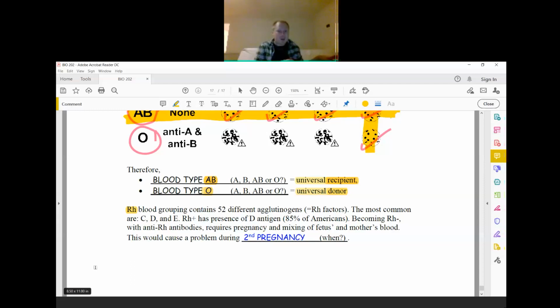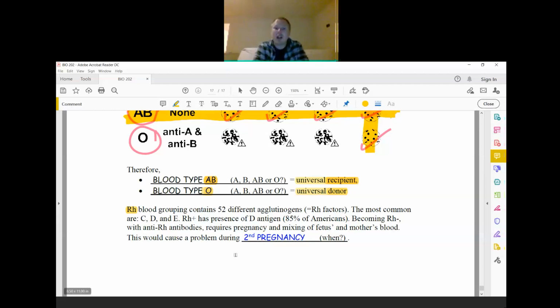I've been in quite a few deliveries, and I've never seen a delivery where the bloods wouldn't end up mixing. Then the second pregnancy can be problematic, because the antibodies in the mother's blood can end up causing issues against the blood type of the baby if it differs from that of the mother. The blood of the mother can actually end up attacking that baby. And that can be very, very problematic.